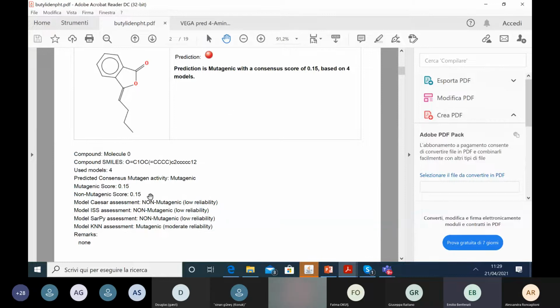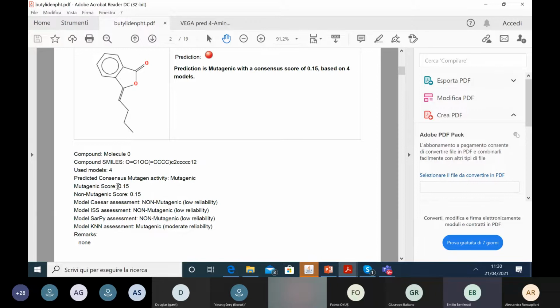In case of conflicting value, same score, this is assigned for the more toxic part of the two. And this score goes from 0 to 1. 0 means I'm very uncertain. 1, I'm very, very sure.